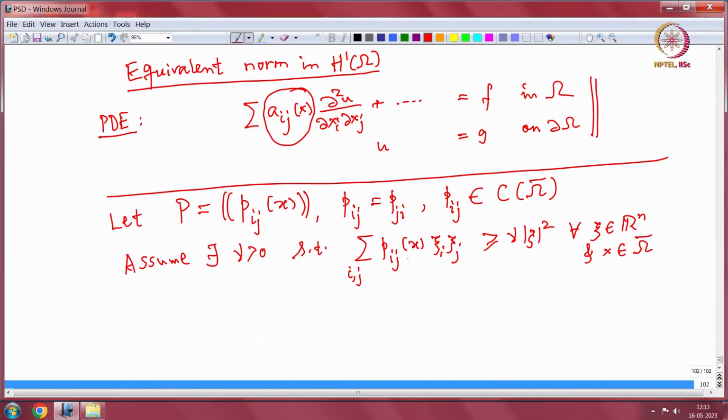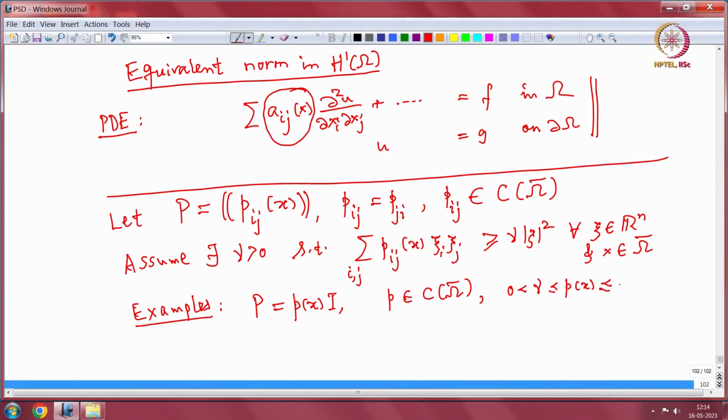Okay. So, this comes from the ellipticity condition of the second order PDE.